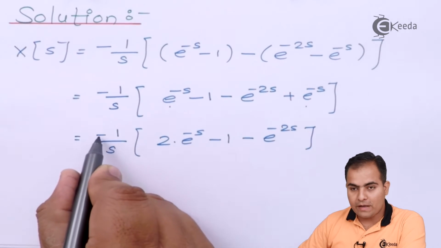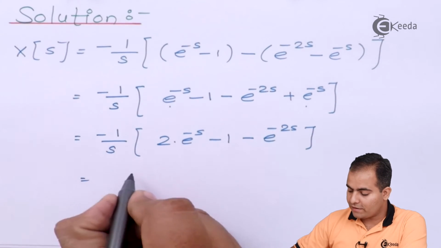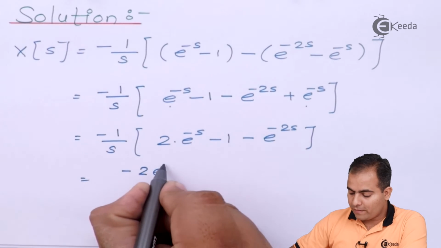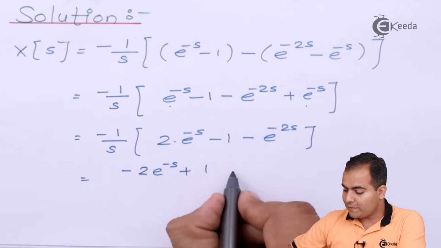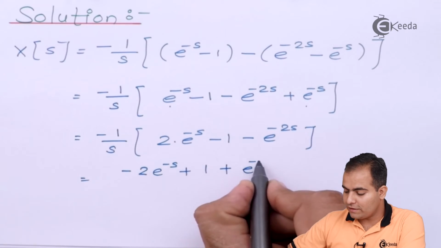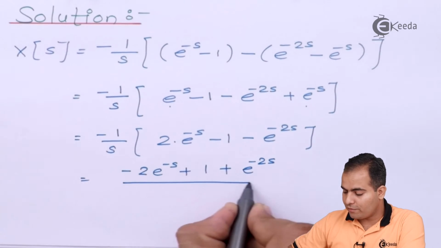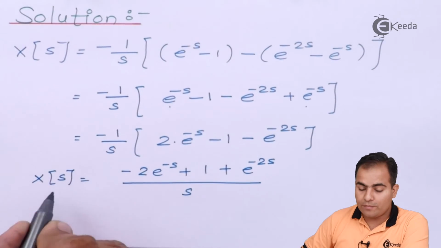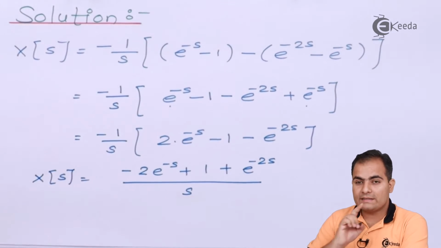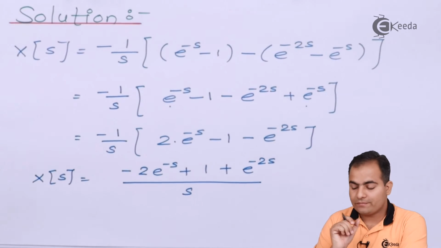Now I'll multiply the minus sign inside this bracket, so what you will get is minus 2 e to the power minus s, this one becomes plus 1, the next part will also become plus e to the power minus 2s, and we have the whole divided by s. And this is the Laplace transform of a simple single square wave.